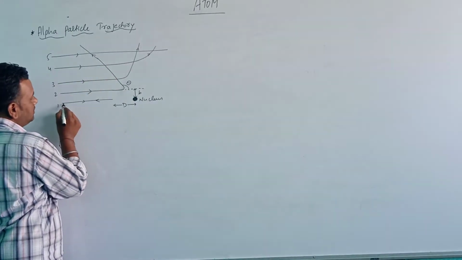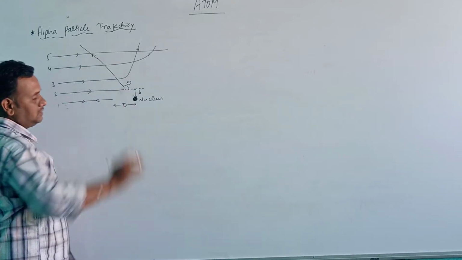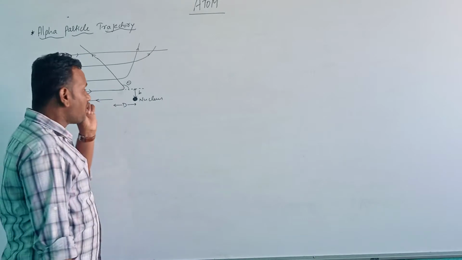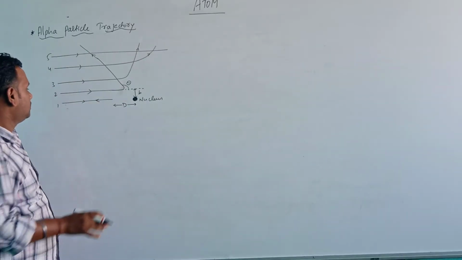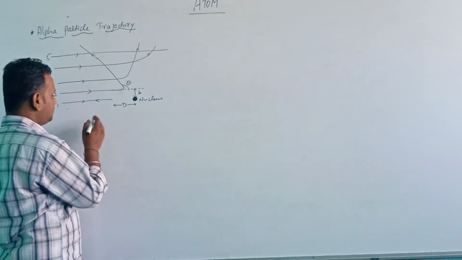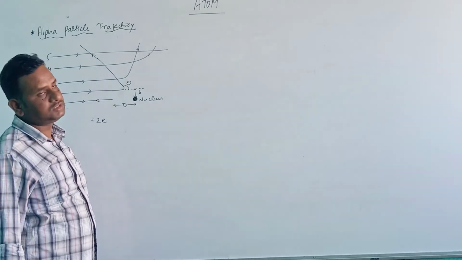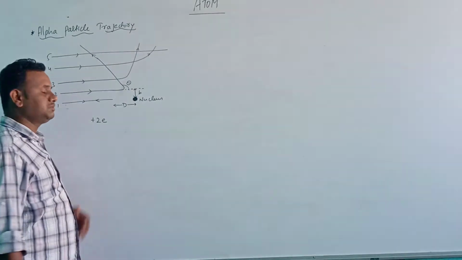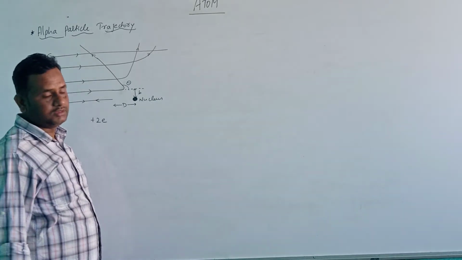This is the first alpha particle, second alpha particle, third, fourth, fifth, like this. Here an alpha particle has a charge of 2e, as alpha particles are positively charged particles.